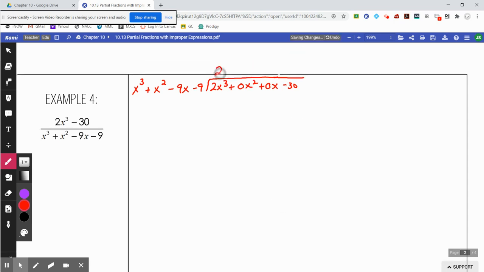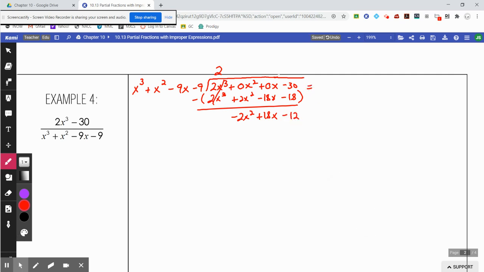This will go 2 times. Multiply it out. You have 2x to the third plus 2x squared minus 18x minus 18. We are going to subtract that. These cancel, gives you -2x squared, a positive 18x, and -30 plus 18 is a -12.